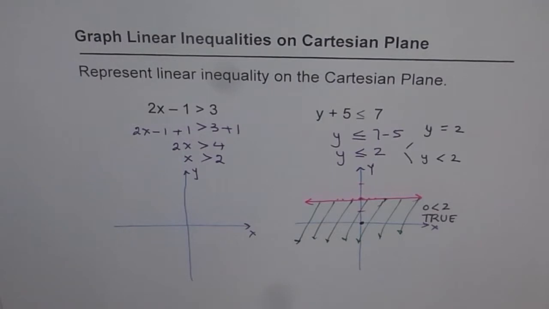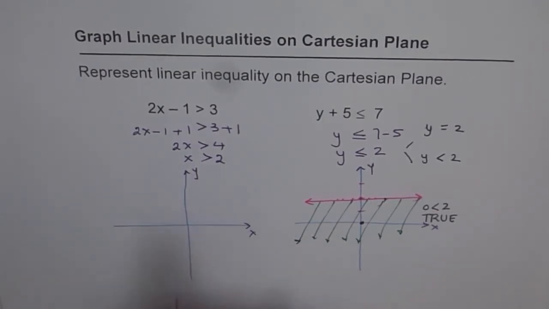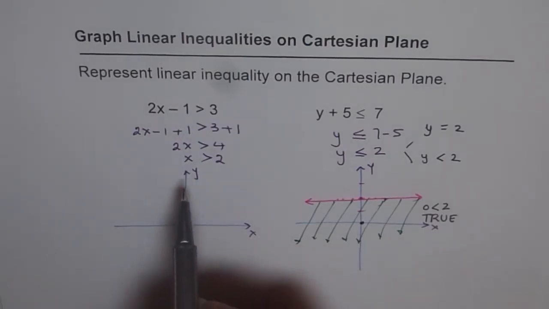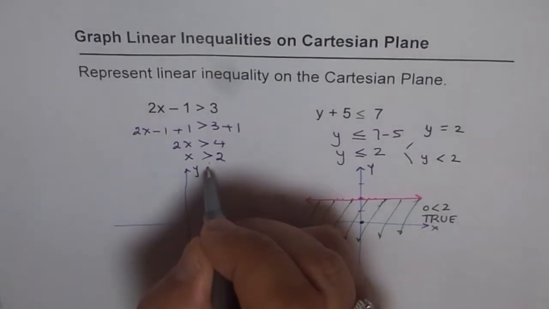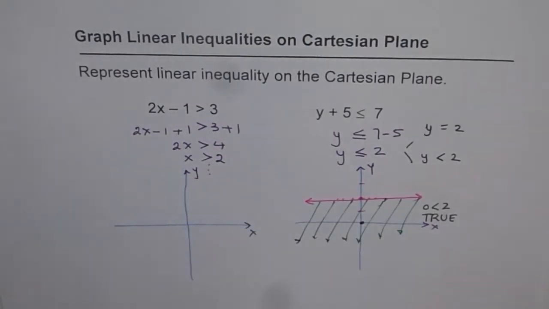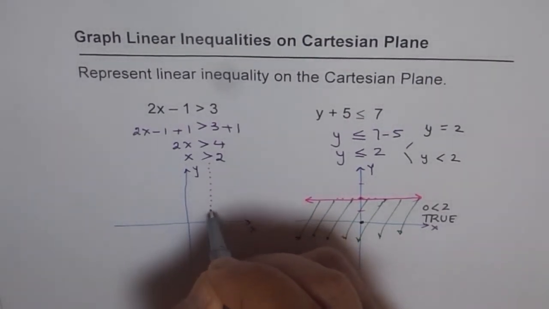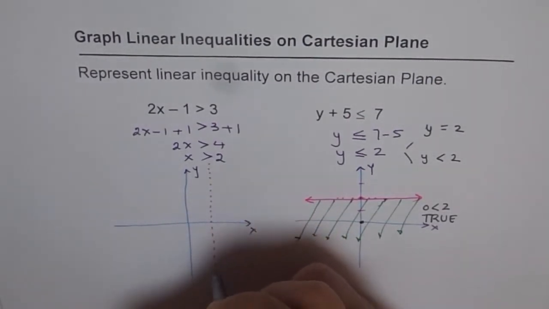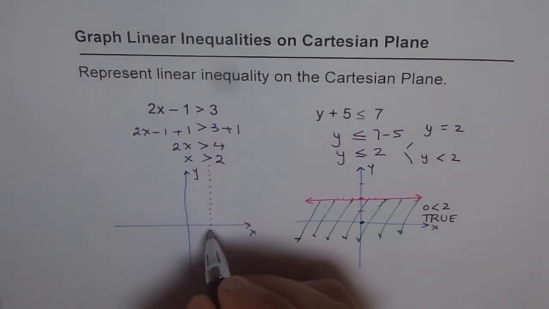Now let's move on to the first one, which is x is greater than 2. That means x is greater than but not equal to 2. So that means the boundary will be a dotted line. Let me draw a dotted line at x equals 2. This is my dotted line where every point has an x value of 2.